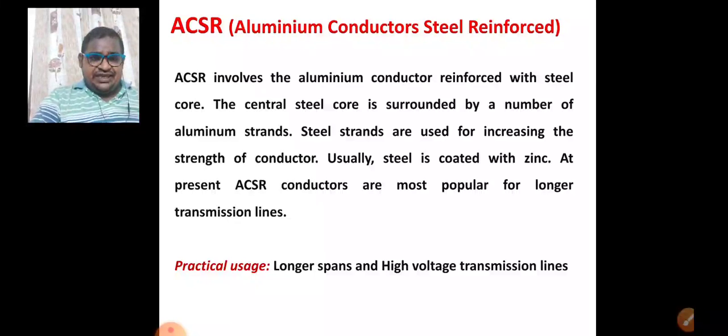The steel strands are used for increasing the strength of the conductor. Usually steel is coated with zinc. At present, ACSR conductors are most popular for longer transmission lines. So practically, for longer spans and high voltage transmission lines, we use ACSR conductors.